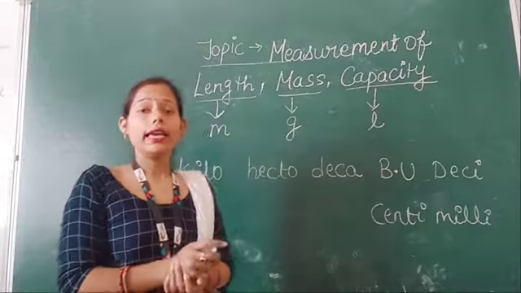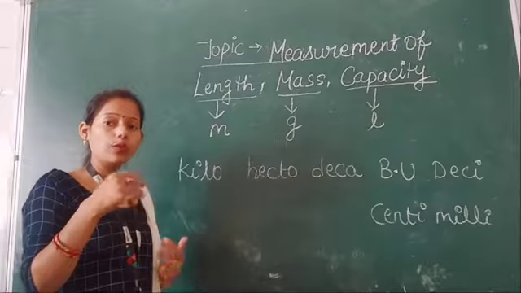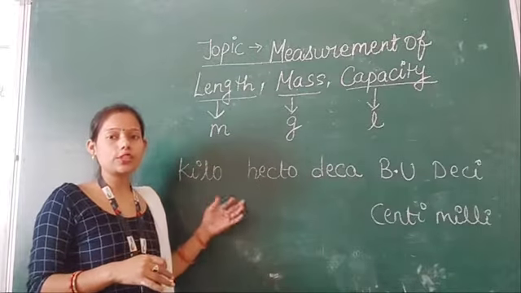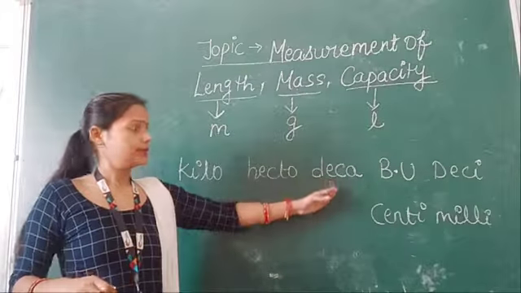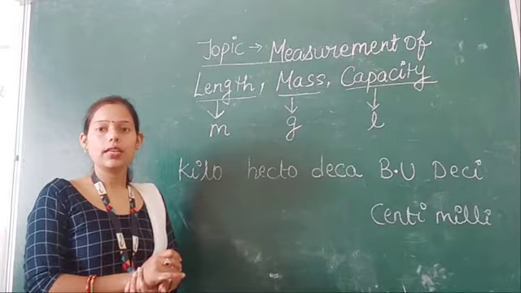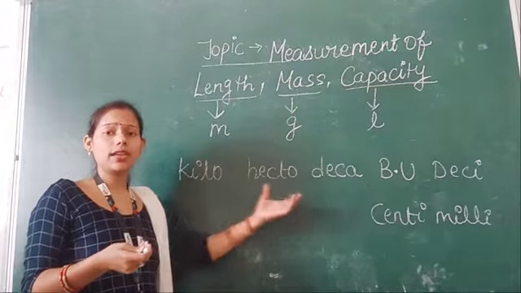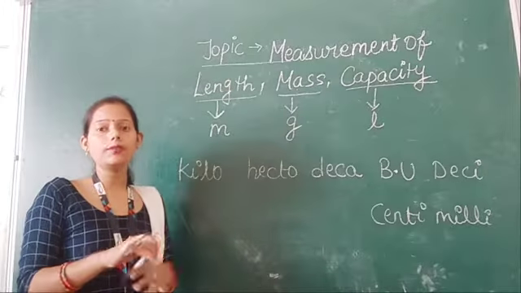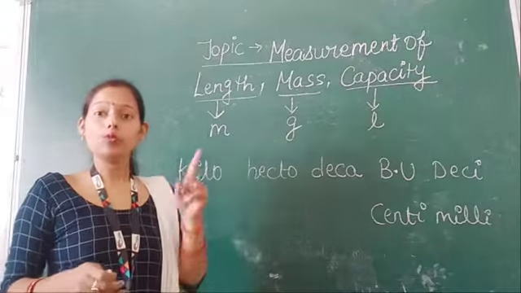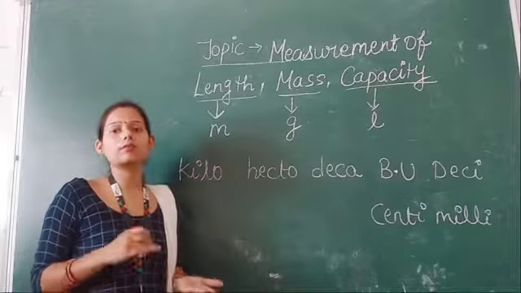So class, in this table, how do we find out the distance between kilo and the basic unit? Like if I am talking about kilometer, how many meters are there in a kilometer? How do we know that in 1 kilometer we have 1000 meters?